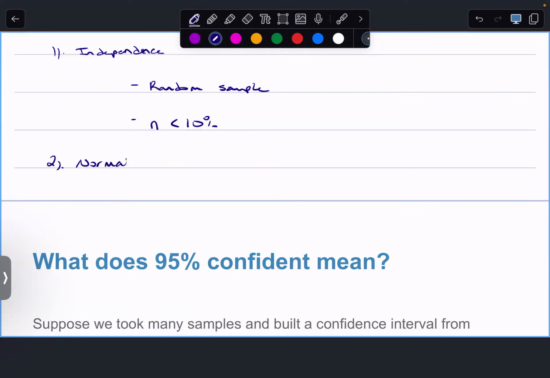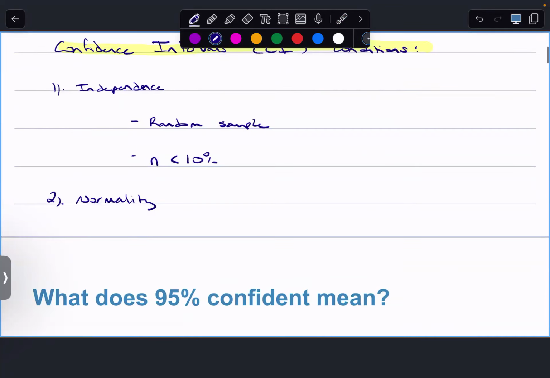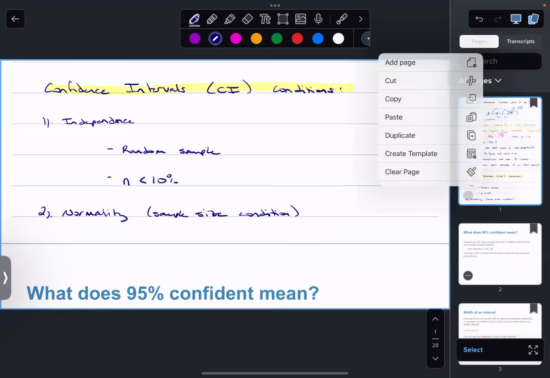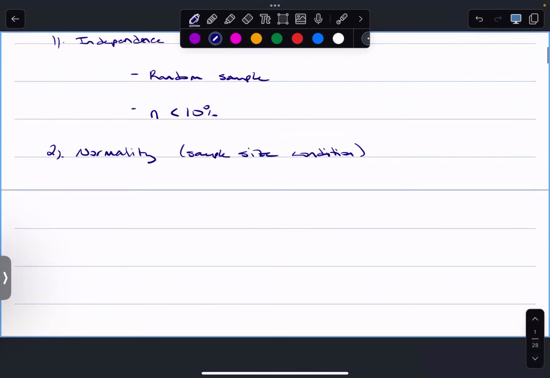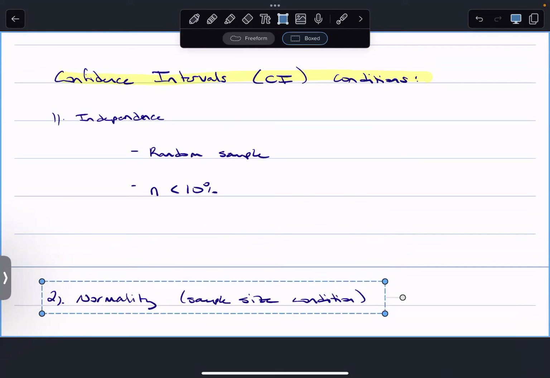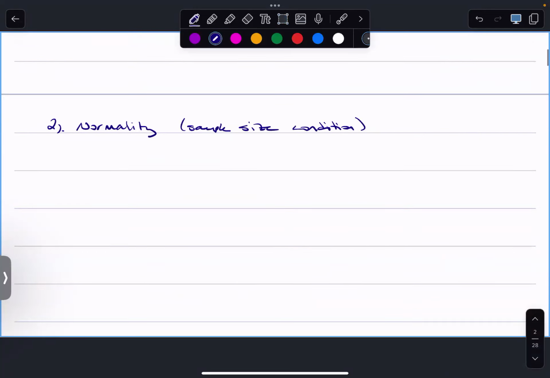The second part of the condition is the normality condition, or the sample size condition, if you prefer. I'll put this on the next page, otherwise it gets weird. So what we're going to say is we need to have at least 10 observed successes and at least 10 observed failures.